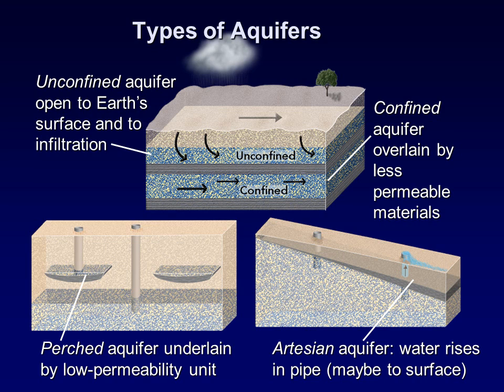An artesian aquifer is where water rises in a pipe on its own to the surface. So what's going on here is we have a confined aquifer that's at an angle. Okay, it's capped at the top, but because it's at an angle, it's being pressurized where it's confined. So on the right side, it's under pressure. It's flowing from the left to the right and building up pressure there.